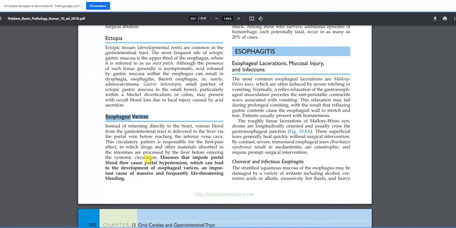We have this anastomosis in the esophageal region, especially the distal esophageal region. But these anastomoses are very thin, very small veins, and they are not used to passing much blood; they are arranged just for passing blood from the esophagus.